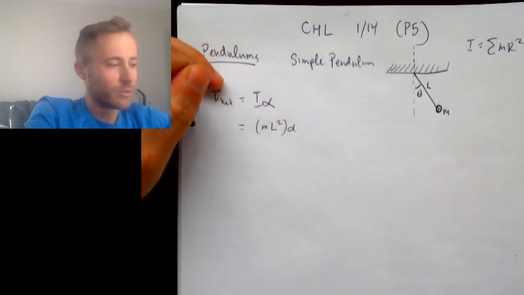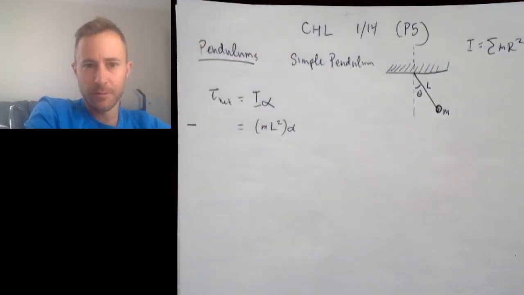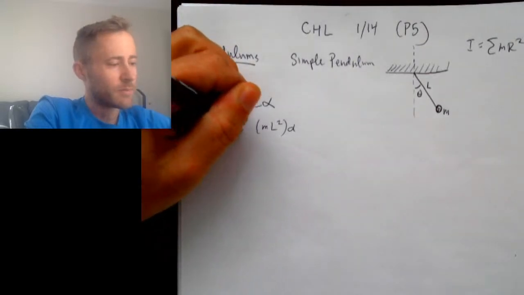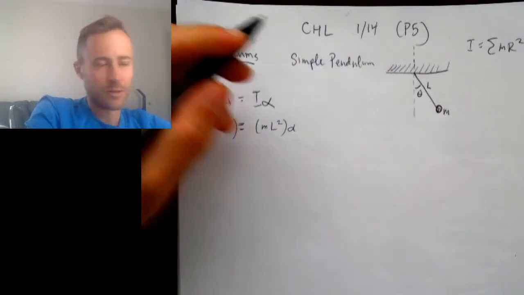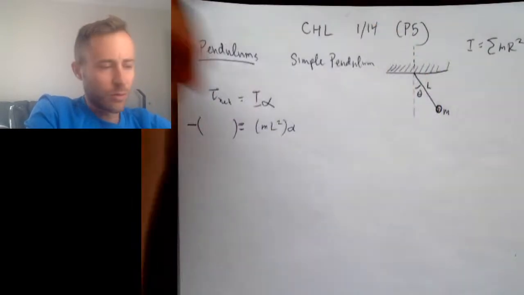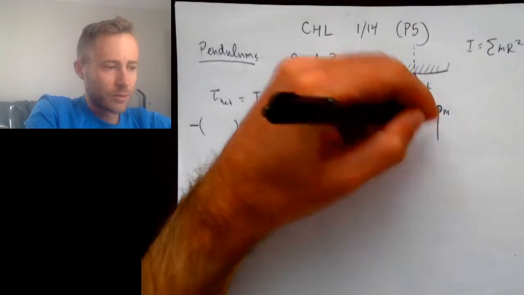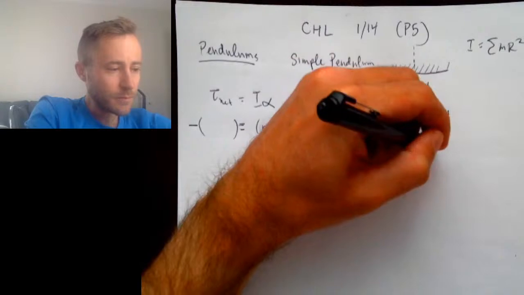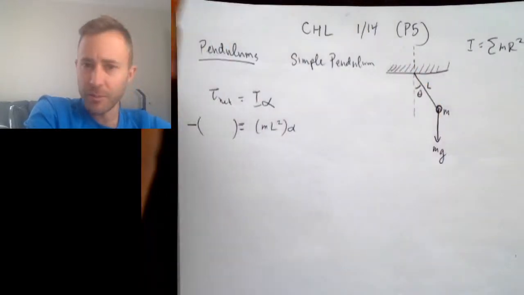So the gravitational torque is negative. We have to figure out what the rest is. The gravitational force points straight down, and it has size mg.